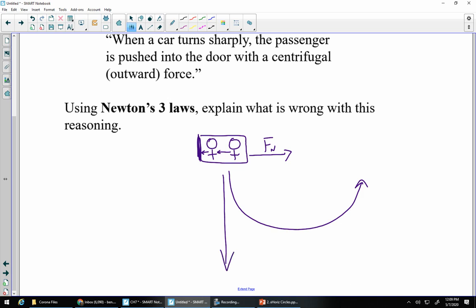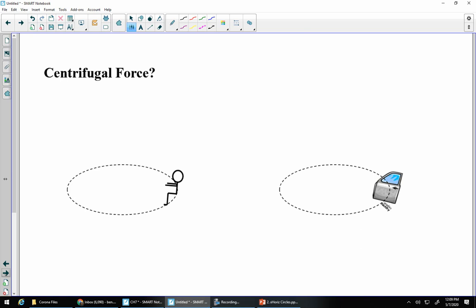So I hope that makes sense for people, right? It's actually you trying to leave the circle, your inertia saying, I want to go in a straight line, I want to leave this circle. It's actually the door that's forcing you backwards into the center of the circle. And then what you feel is you're pushing on the door. That's the whole Newton's third law piece. Hopefully that makes sense for people.